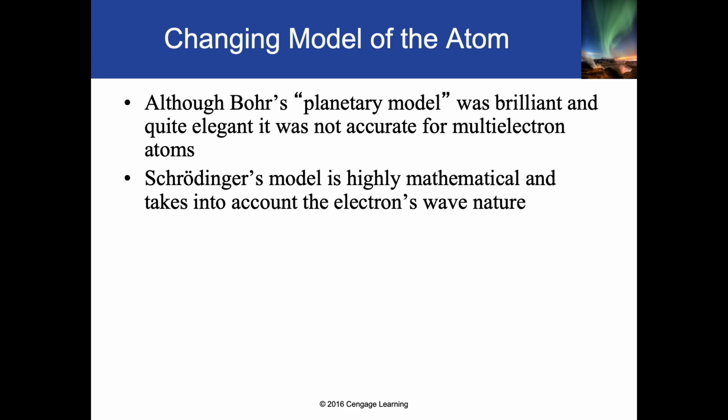We use the Schrodinger model, okay? So thinking way back to the very beginning of this lecture, I said, what model of the atom is most accepted today, right? It wasn't even Bohr's. It's actually Schrodinger's model, okay? I didn't even mention that guy yet back then, like 3 lectures ago, okay?